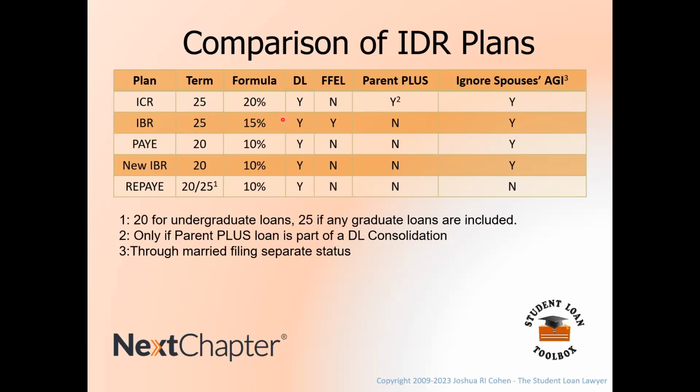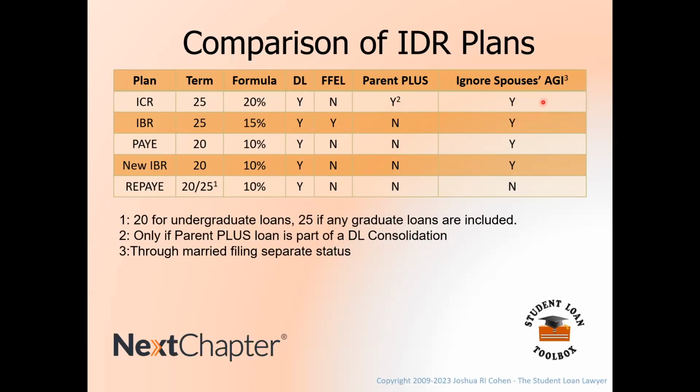Okay, the formula, 20, 15 and 10. Direct loans can have any of these plans. FFEL loans, however, can only have IBR. So here's a reason to consolidate. If you want the cheaper REPAYE, you need to consolidate. Great. What about Parent Plus loans? You can have ICR only, but footnote 2, again, it's got to be inside of the consolidation.